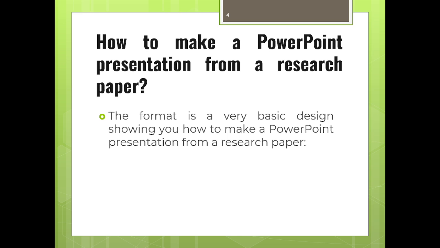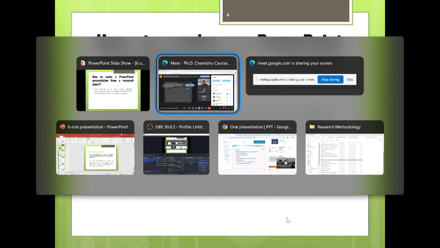So here, how to make a PowerPoint presentation from a research paper or from your research article, or research which is not yet published. How to make a scientific oral presentation.